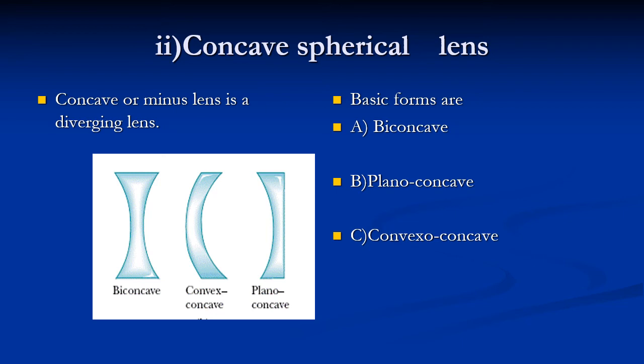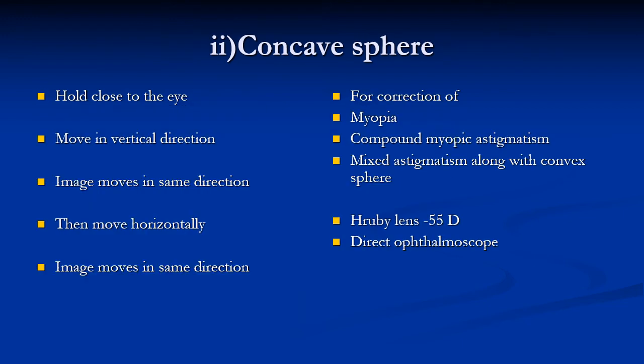Concave spherical lenses are diverging lenses, again biconcave, planoconcave and convexoconcave. How to identify? Again, it is the same principle. You have to hold the lens given to you close to the eye, then move it in vertical and horizontal directions and see where the image of the object is moving. If it is moving in the same direction in both meridians, you can call it a concave spherical lens.